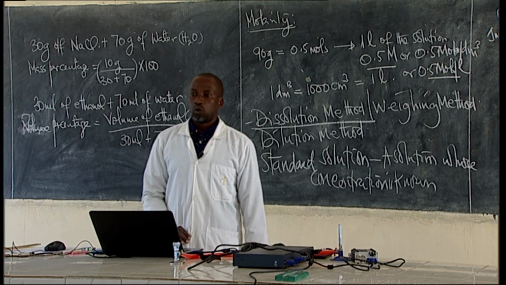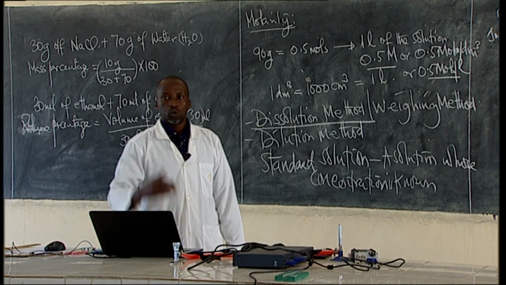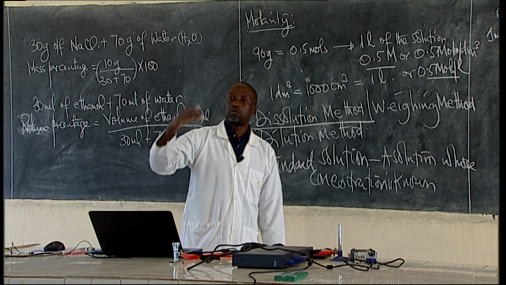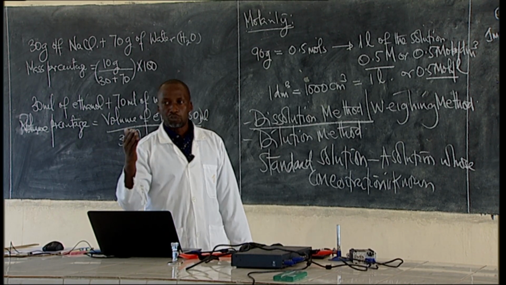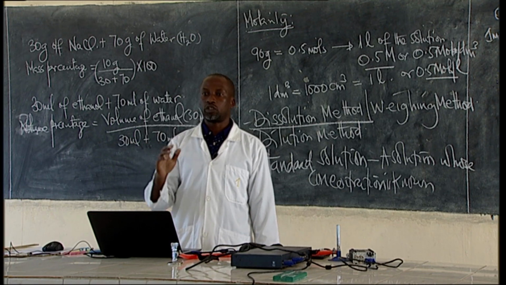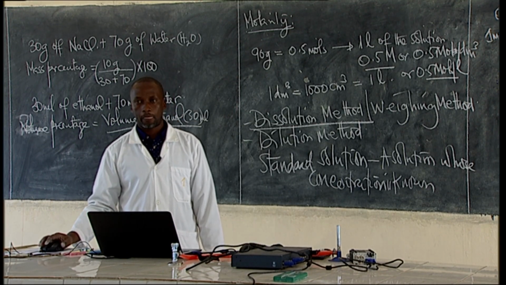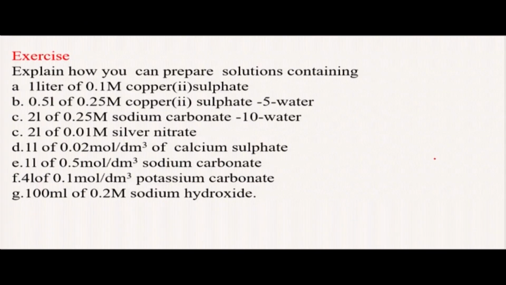So moving to the next part, we are supposed to explain how we can prepare solutions containing, that is part A. This is part of the homework that you are supposed to do, but I'm just going to guide you. For example, 0.1 molar copper 2 sulfate. When you have copper 2 sulfate, you need to get the mass contained in 1 mole of this.